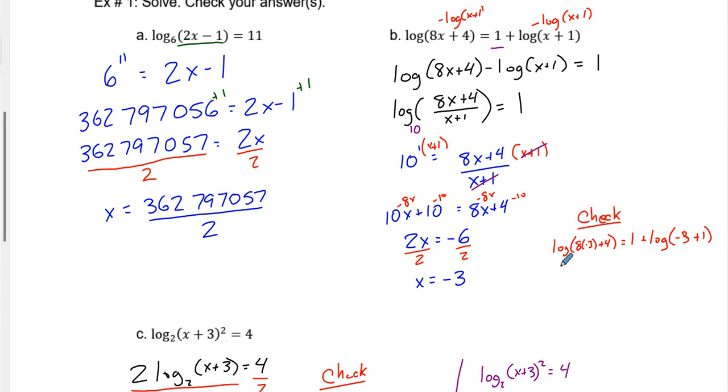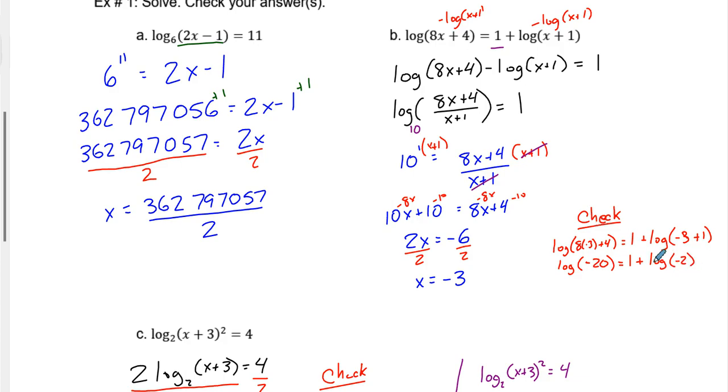So in here we'd have the log of, we're going to evaluate all as 1, negative 24 plus 4 would be a negative 20, would equal 1 plus the log of negative 2.